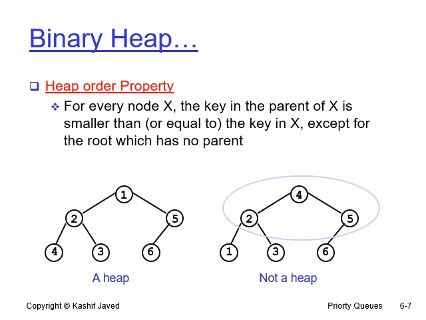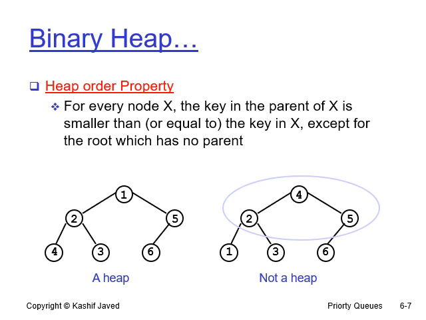On this slide, we have shown two different complete binary trees. The left hand figure satisfies the heap order property, which is why it becomes a binary heap. But the complete binary tree depicted on the right hand side violates this property, so it is not a binary heap.